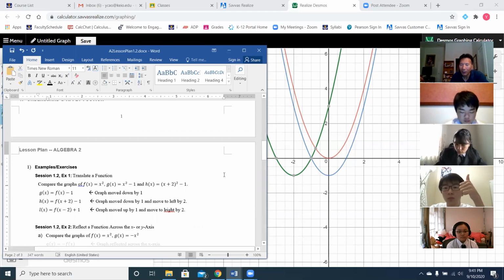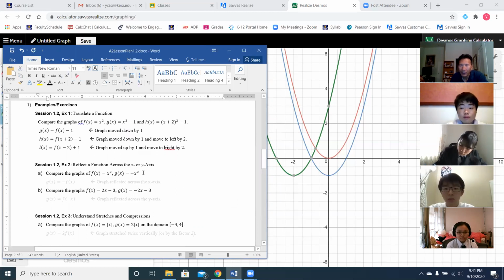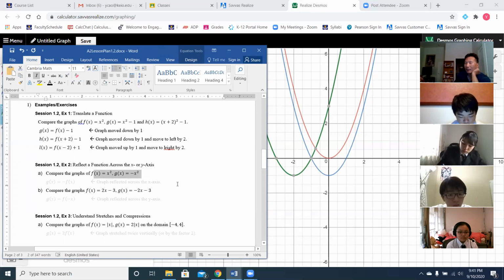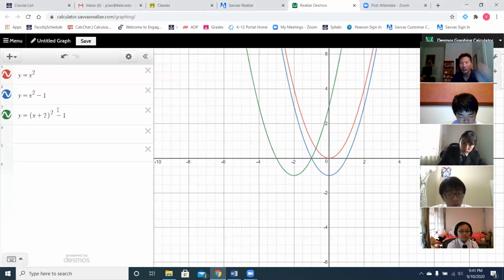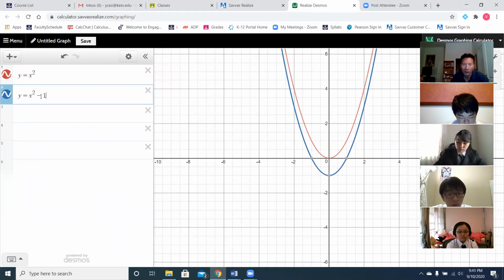Okay, if you don't have a problem, let's compare. Okay, second part. We want you to compare f(x) = x squared and g(x) = -x squared. Let's see what happened here. One is x squared, we already have that one. One is equal to what? Negative x squared.